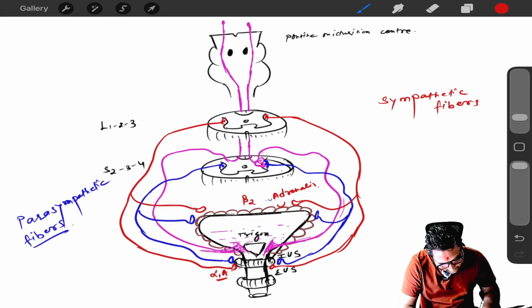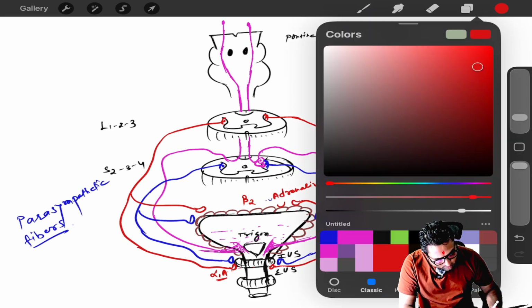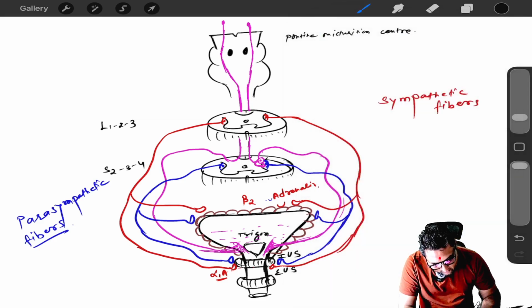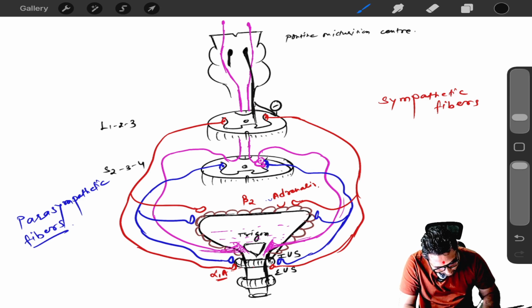But now how is this sympathetic and parasympathetic action coordinated? The descending fibers from the pontine micturition center, when they descend downward, inhibit sympathetic fibers and stimulate parasympathetic fibers.